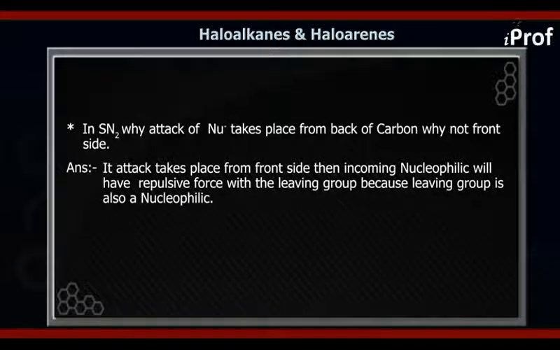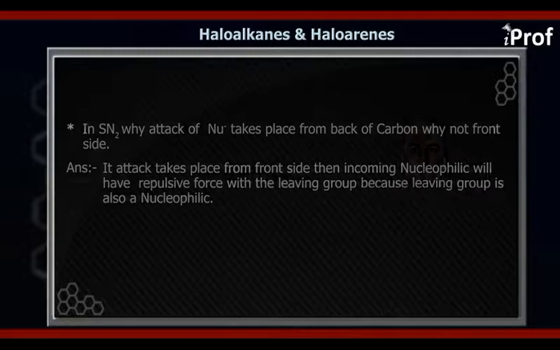When the nucleophile attacks from the same side, two electron rich species will have a repulsive force, due to which it will not be able to attack from the same side. That is why the nucleophile in the SN2 mechanism attacks from the back side of the carbon at which the leaving group is present.